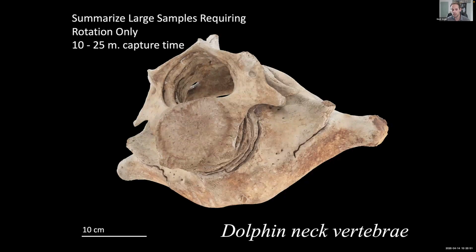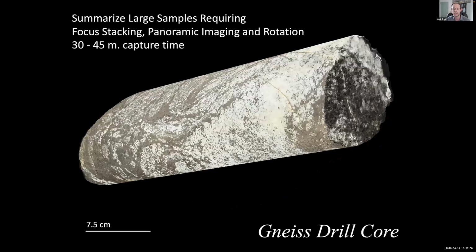She wanted this as a teaching instrument to show why marine mammals have a very compressed neck vertebra. This is a larger specimen. It's about 25 centimeters long, so very, very different from the bee. And you can see the capture time is only 10 to 25 minutes, whereas the prior was closer to 90 minutes, and we'll get to that.